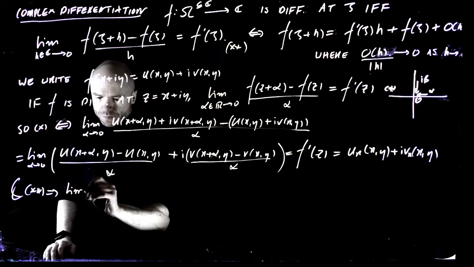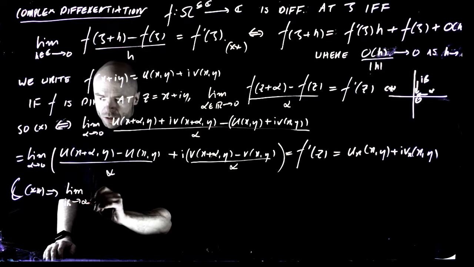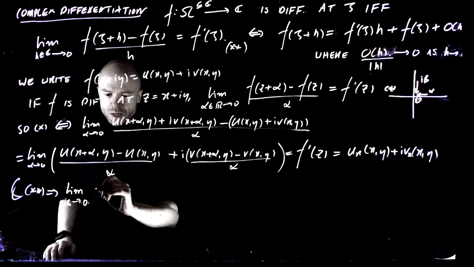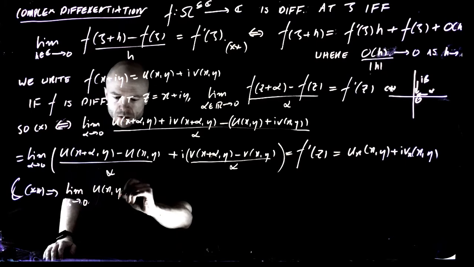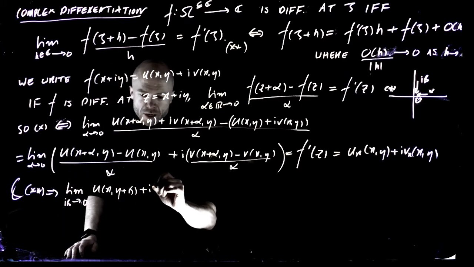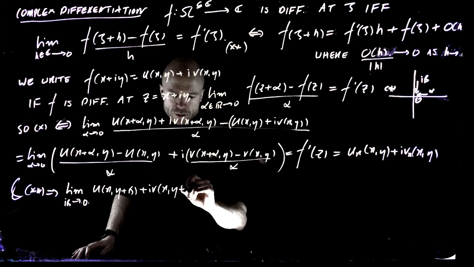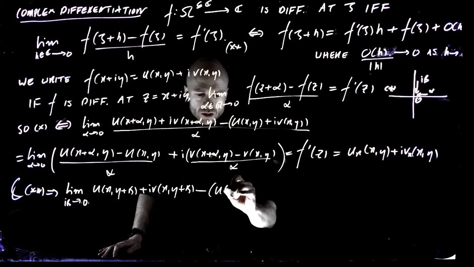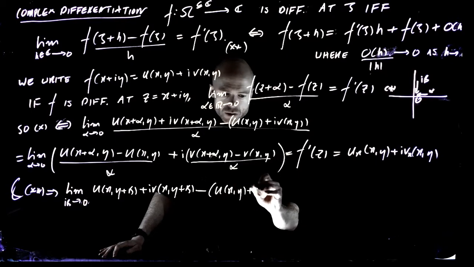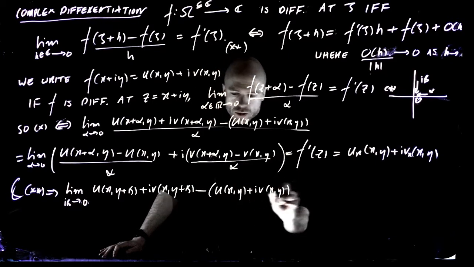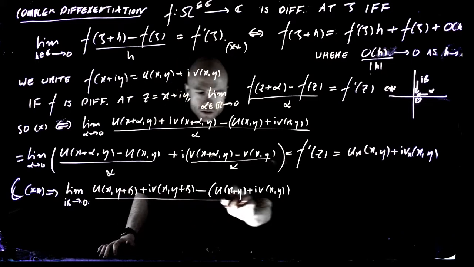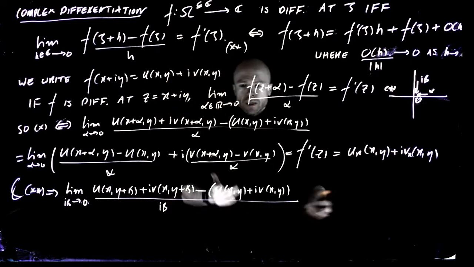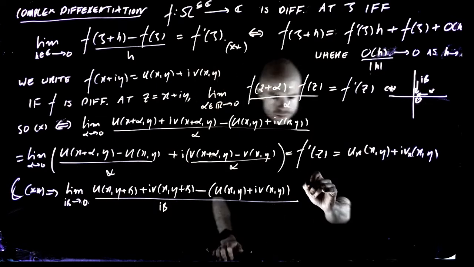So we have the limit as i beta goes to 0, right? And then we're going to have u of x, y plus beta, plus i v of x, y plus beta, and then minus u of x, y plus i v of x, y, like this over i beta. And then same thing, we break it up like this.